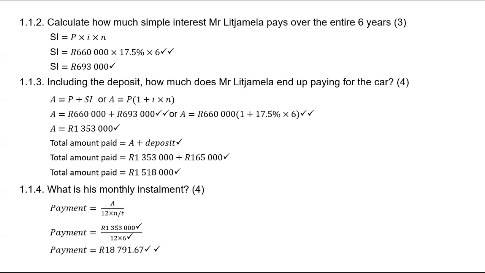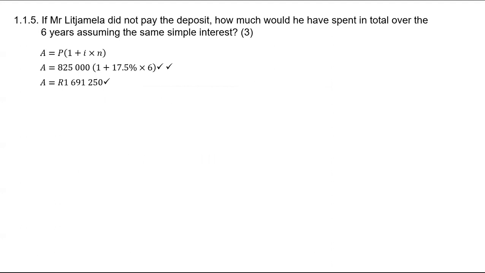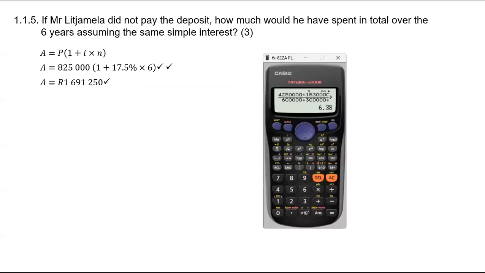Okay, let's see how much more he paid. I'm going to take this amount, which is the amount he could have paid if he didn't pay the deposit, 1,691,250.